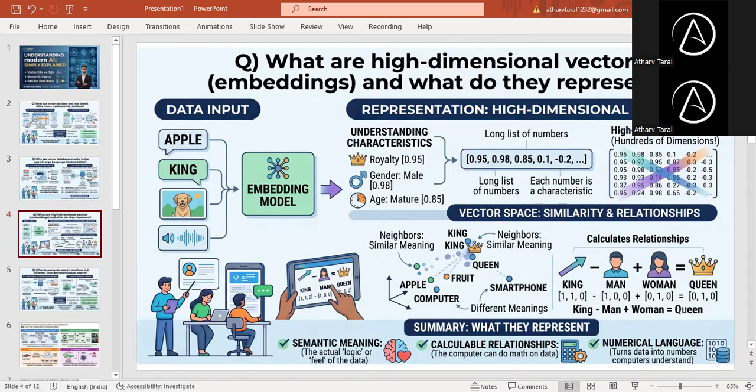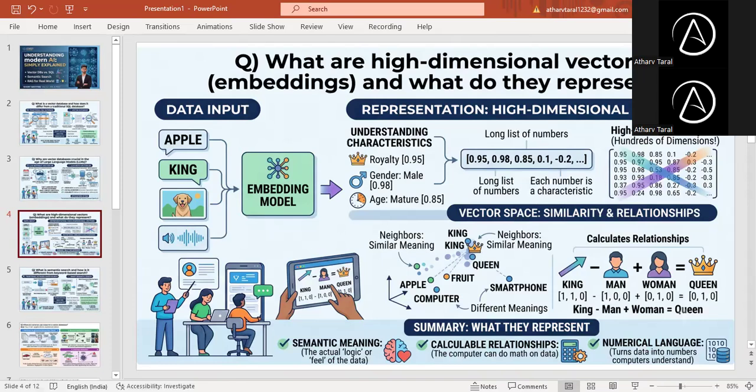That means words with a similar meaning will end up sitting very close to each other in that space. For example, king and queen will be neighbors, while a word like smartphone will be very far away. When an interviewer asks what they represent, you can simply say they represent the semantic meaning, the actual logic or the feel of the data.